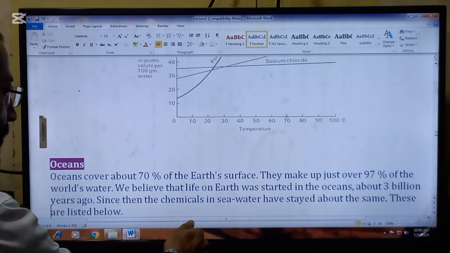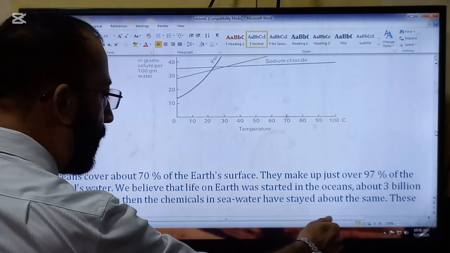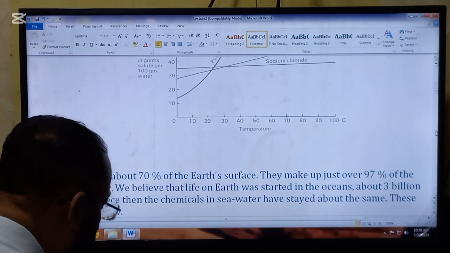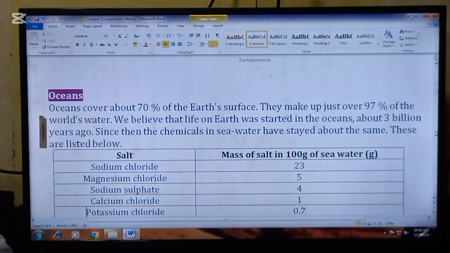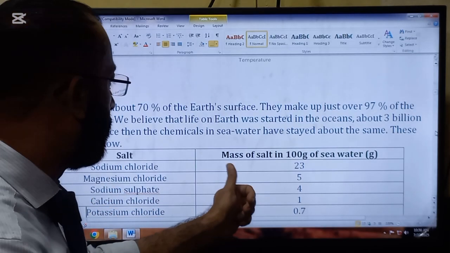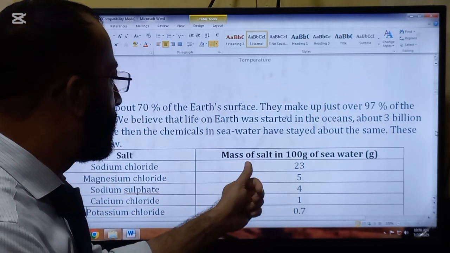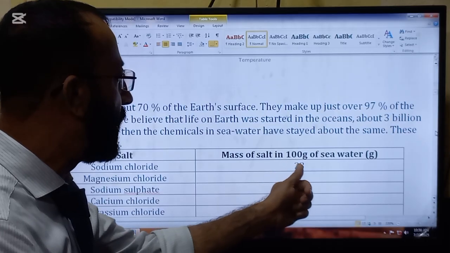Since then, the chemicals in the seawater have stayed about the same. These are listed below. So here are the substances that are present in the seawater. The sodium chloride figure is the mass of the salt in 100 grams of the seawater.